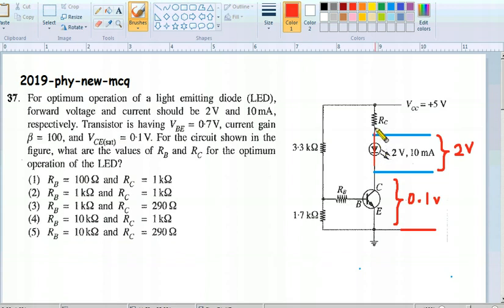So children, the same current flows in this resistor too because it is in series with this LED, and also the same current flows through this transistor as well because all these three are in series with each other. Therefore we can mark 10 milliampere here, that we can use when we calculate the value RC. We can take this value as the current through this resistor.